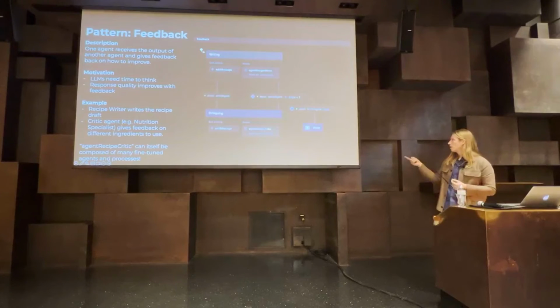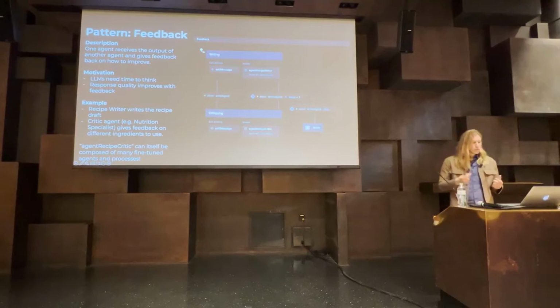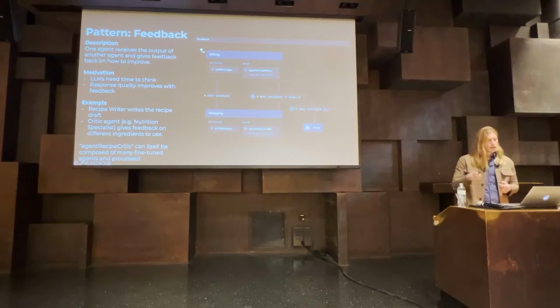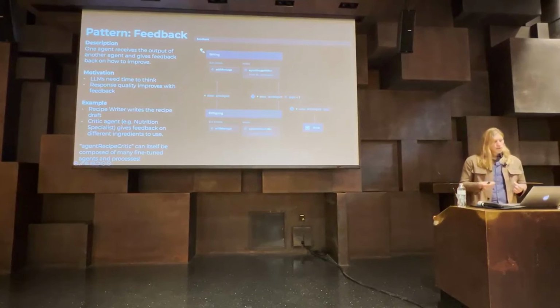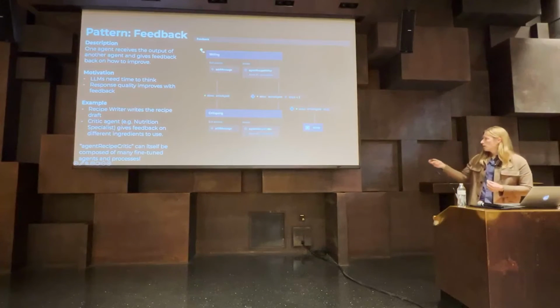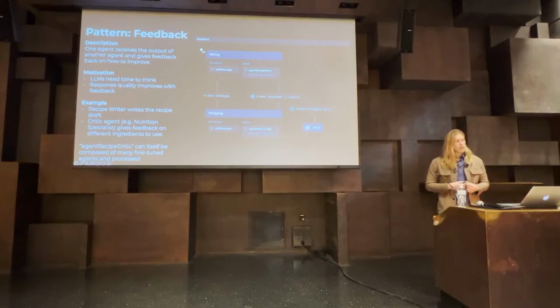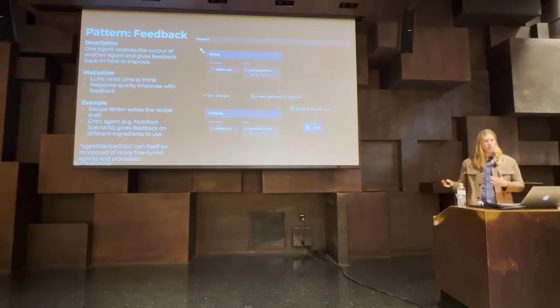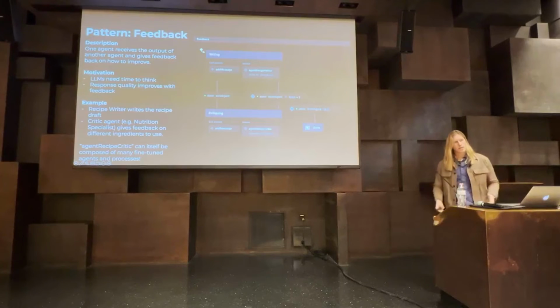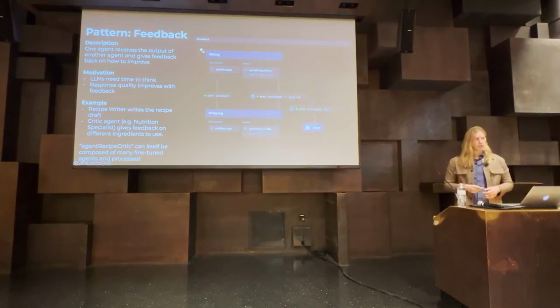And of course, here I'm modeling a couple loops, so you can easily configure how many iterations you want to have with feedback. And consider that critiquing step there, that call to the agent recipe critic, could itself be a long-running process of many, many agents, humans, and traditional services that is all compiled together to give feedback to the original one.